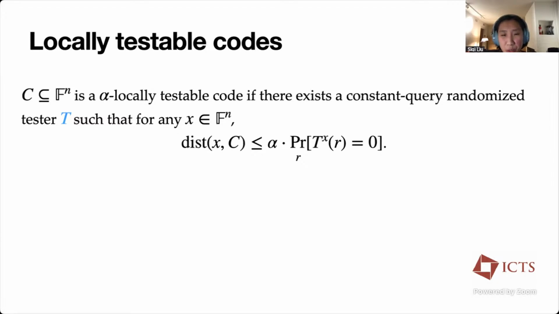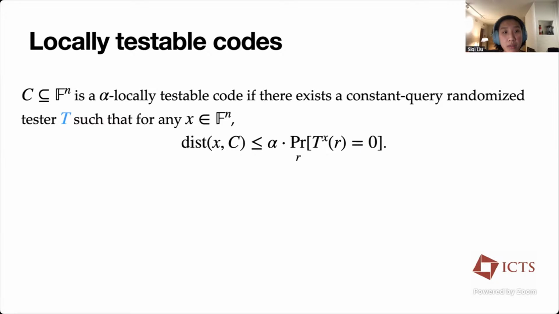So in general, there's no fixed way of showing a given code is locally testable. However, if we happen to know that this code C is a tensor code, then there is some standard approach that one can try to prove that C is locally testable.